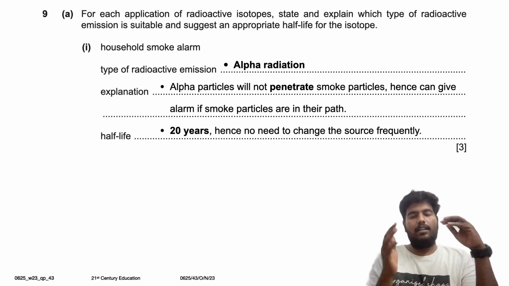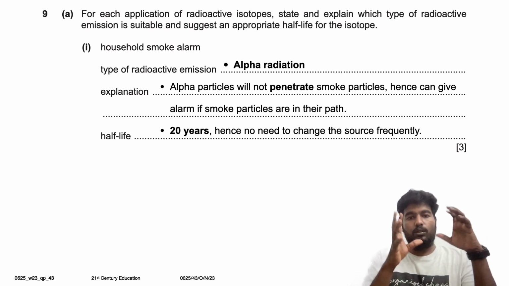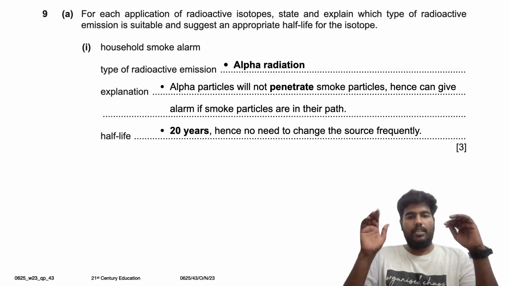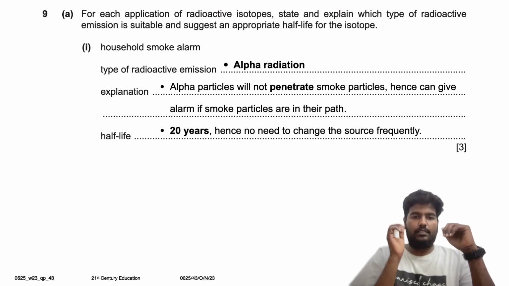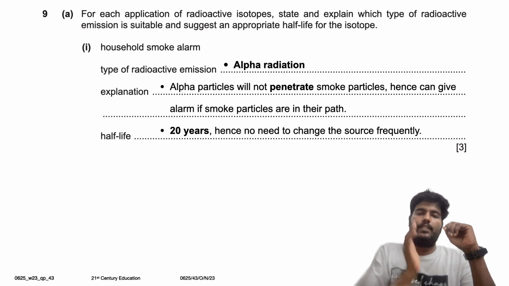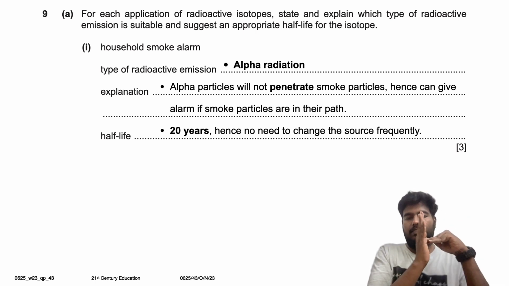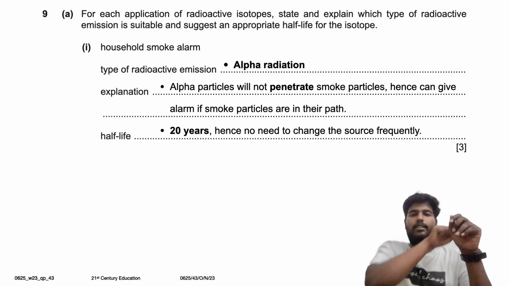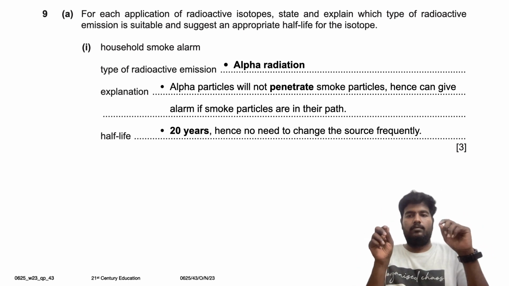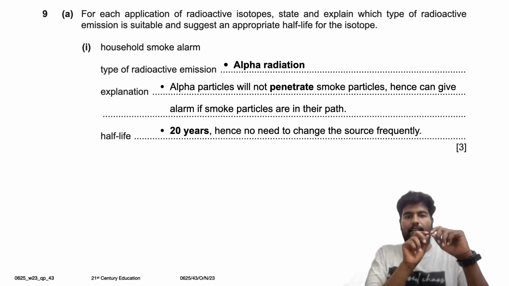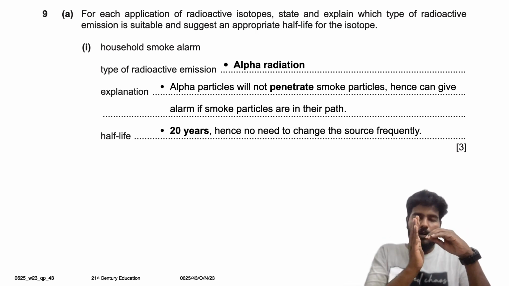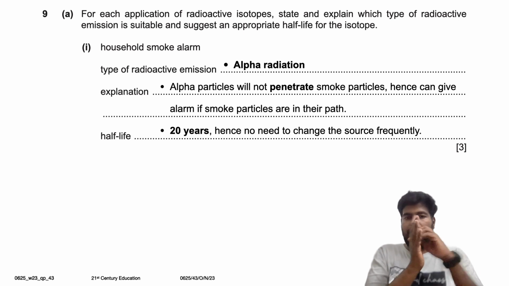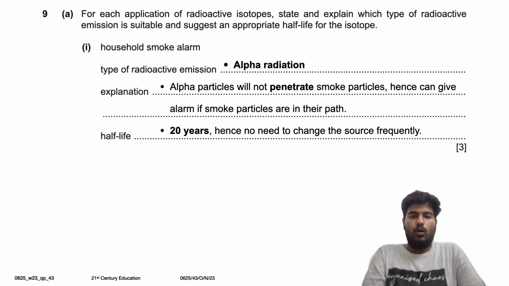Alpha particles are not good at penetrating long distances. They will not penetrate even small particles. So when smoke particles enter, they block the alpha particles. What actually they do is make a small circuit. The alpha particles connect both ends of the circuit. When there is smoke, it stops the connectivity, so the smoke alarm will go on. This is how alpha particles work.